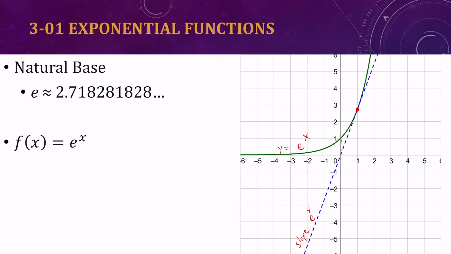Also turns out that the area between the graph and the x-axis is also e to the x, or in this case e to the 1, since I'm going to 1. That makes it very useful for calculus. So that's why we have the natural base.